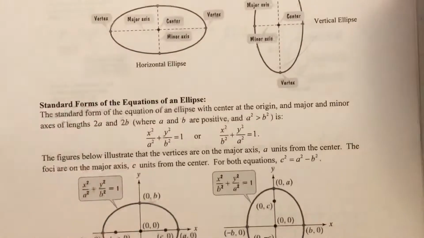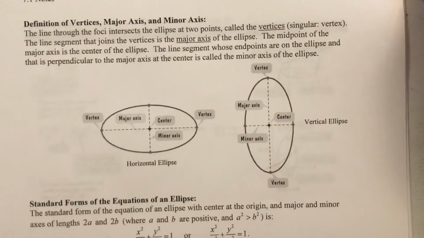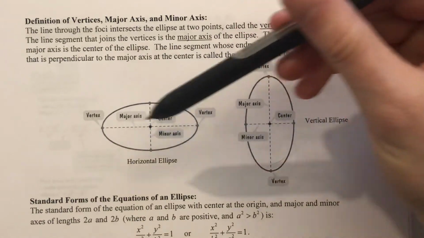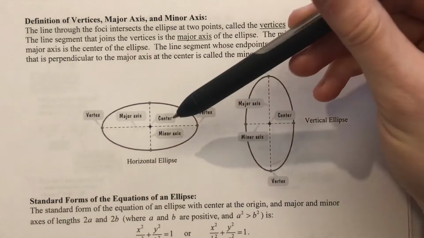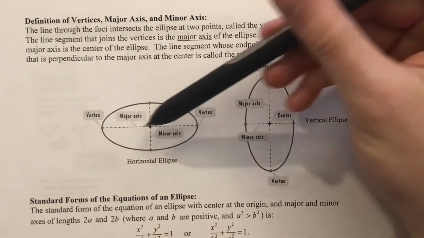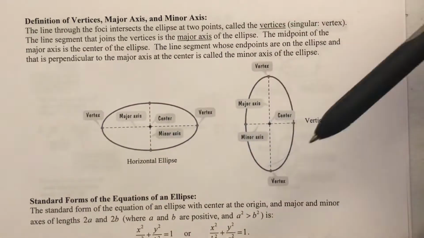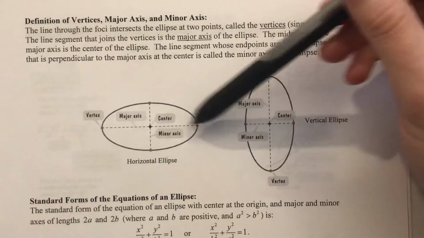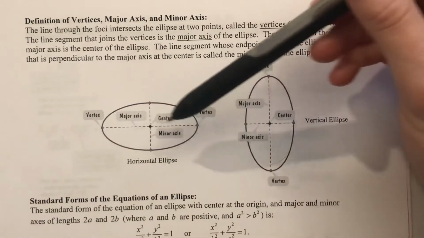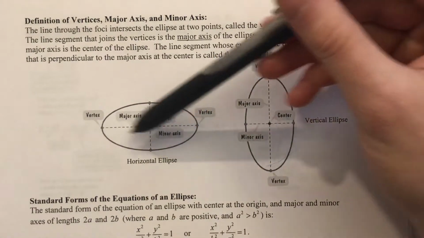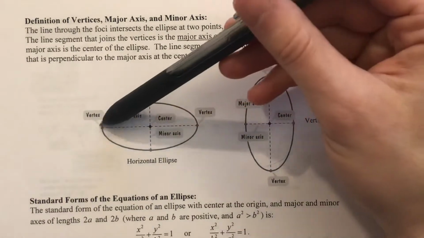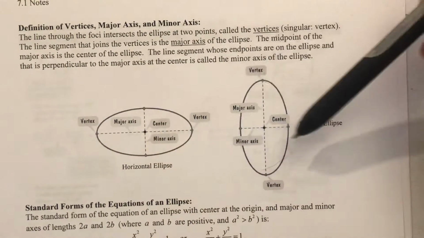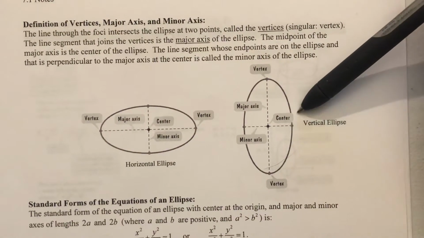Now, with those stretchings and orientations, the terminology we use is the phrase major axis, minor axis, and then we just mentioned center earlier, to represent which of the 2 directions is the longer stretch. So the major axis is the one that is bigger than the minor axis. For a horizontal ellipse, the major axis is the one going left to right, the minor axis is the one going up and down, and vice versa for the vertical ellipse.